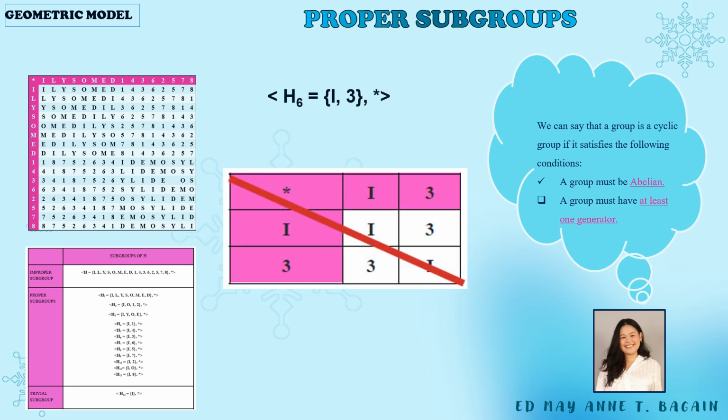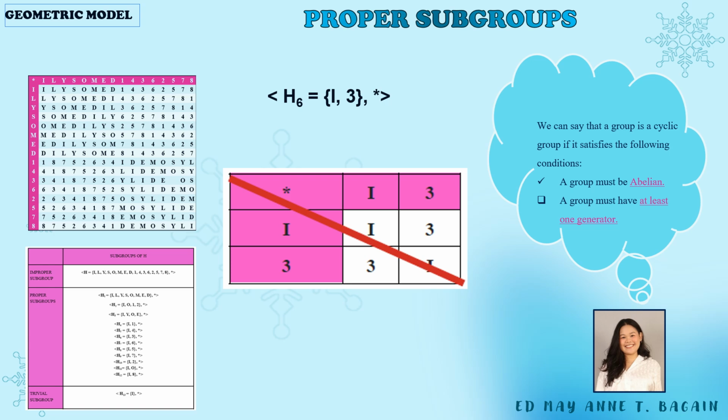Next one, we will be proceeding to the next proper subgroup. We have H sub 6. We have the elements I and 3 under the operation star. We have the table here to explore if this proper subgroup satisfies all the conditions to be a cyclic subgroup.